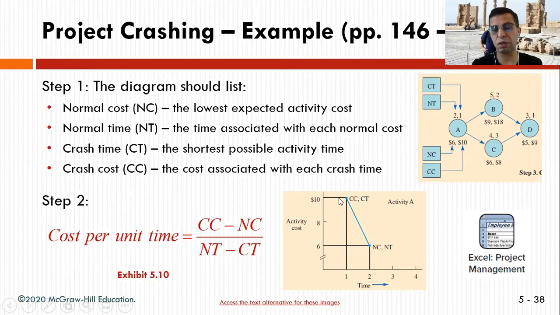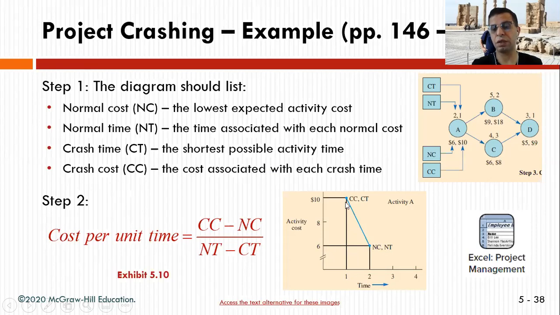You don't need to do that calculation, but you need to understand the concept behind it. For 1 unit, you can do it at $6, which is what you call a crash cost, and $10 is a normal cost. So after 2 weeks, you can do the normal cost and the normal time, doing only 6 units.